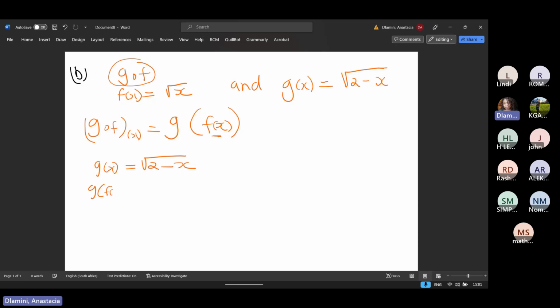So g of f of x is equals to square root of where I see x, I put there. That is 2 minus of x. So this is square root of 2 minus f of x. Now, what is my f of x? F of x is that, so that is 2 minus square root of x.